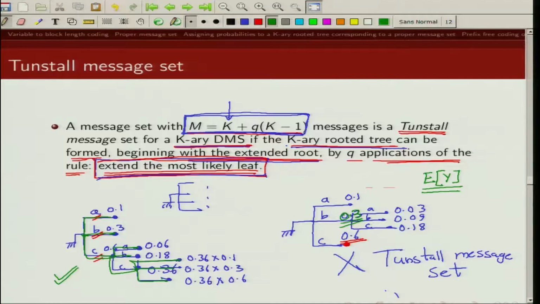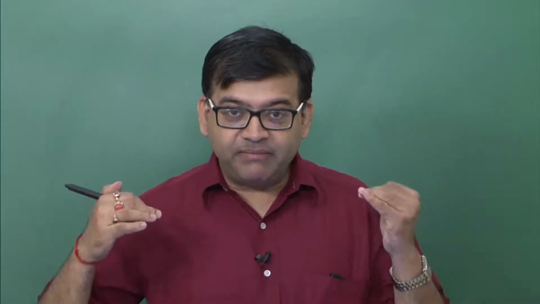The expected value of y, from the path length lemma, is nothing but the sum of probabilities of all nodes including the root node.